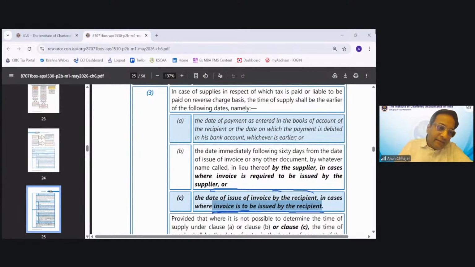Can anybody tell me? क्या कोई मुझे बता सकता है? When the invoice is to be issued by the recipient, what is the case, relevant provision, relevant concept, when invoice would be required to be issued by the recipient? Kindly give the answer.